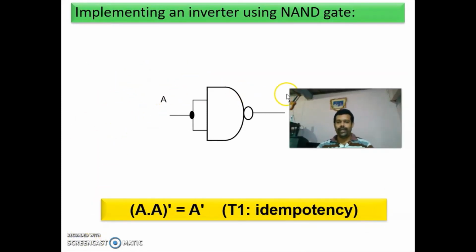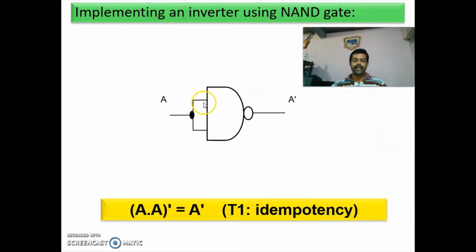So we are going to implement NOT gate using NAND gate. So what is A into A? A into A is A.